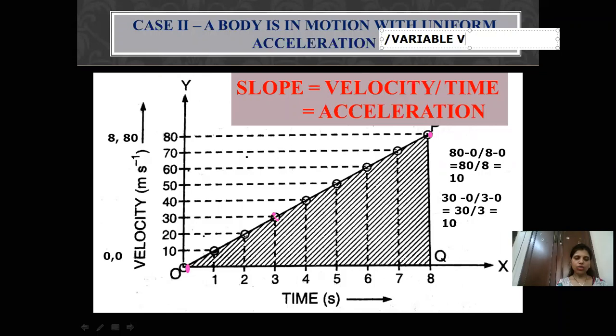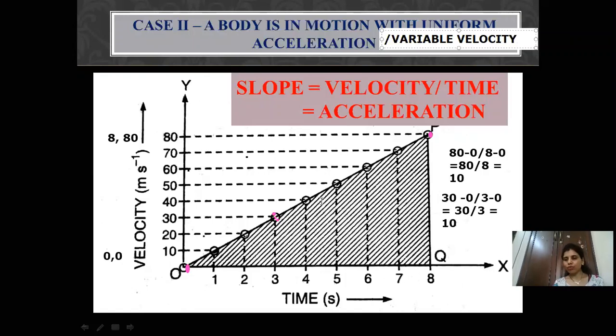So children, what we have seen, in the previous graph, we have seen that the body is in motion with variable velocity. I'll just first erase whatever I have written, the reason it goes to the next slide. So please copy this graphical representation, or it's there in the text.